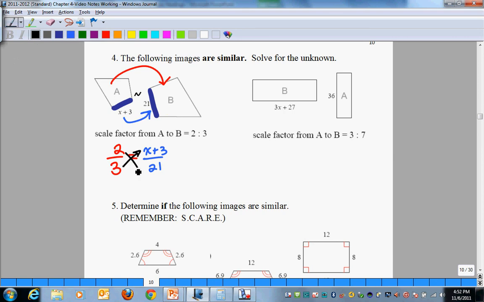Cross multiply, you can never do the distributive in your head. So this is going to be 3 parentheses x plus 3 equals 2 times 21. Now you distribute.